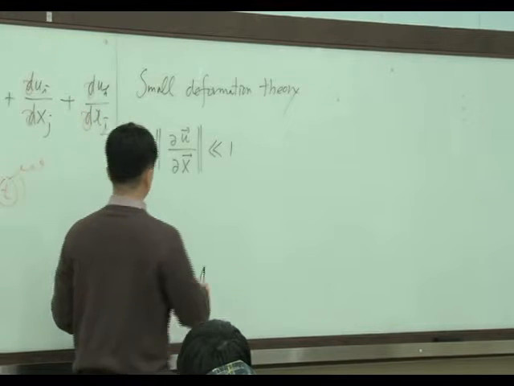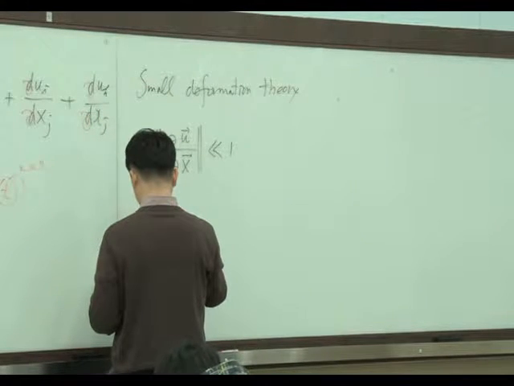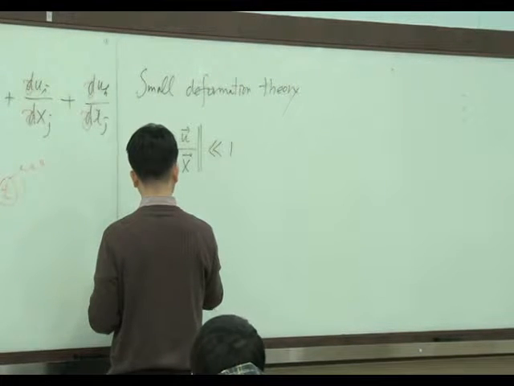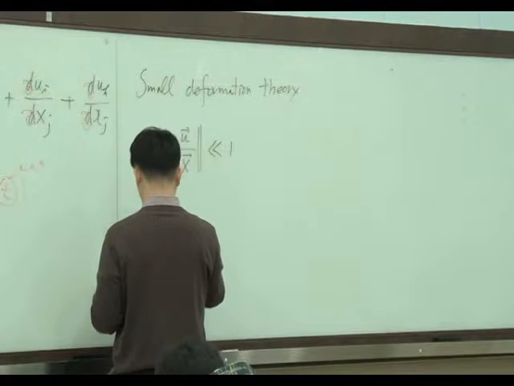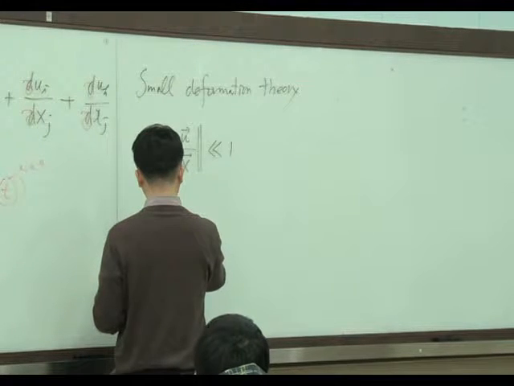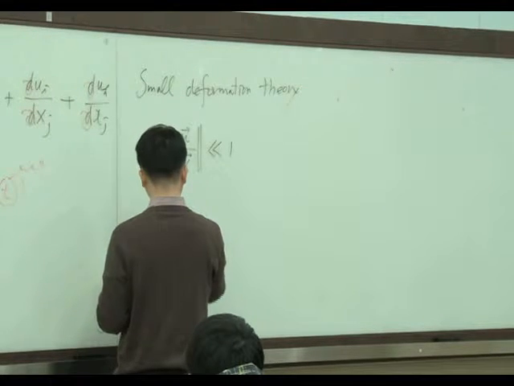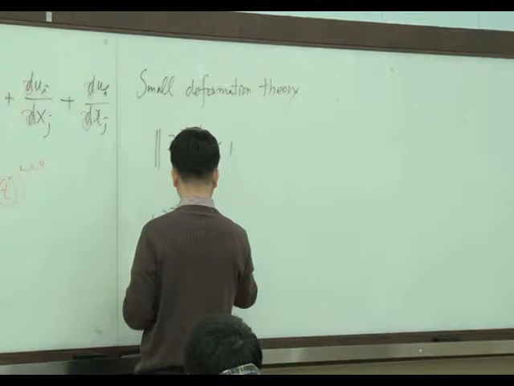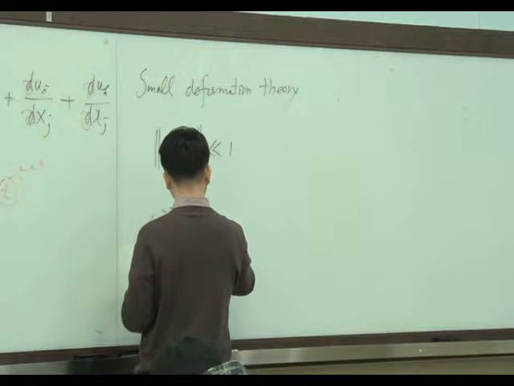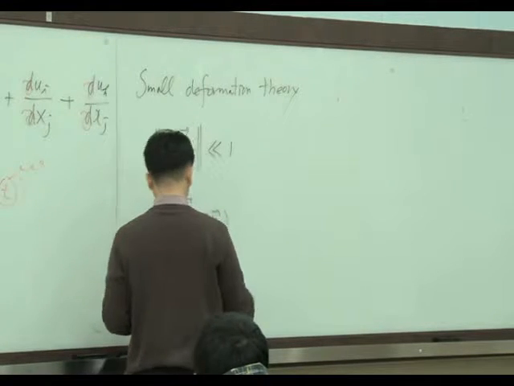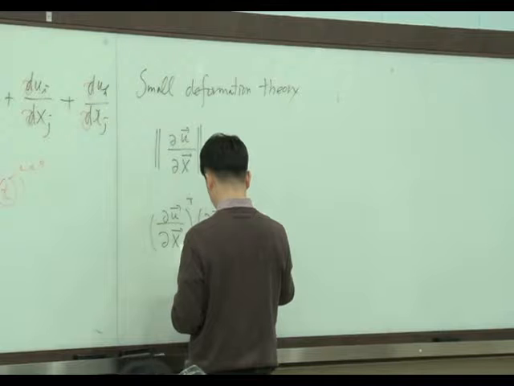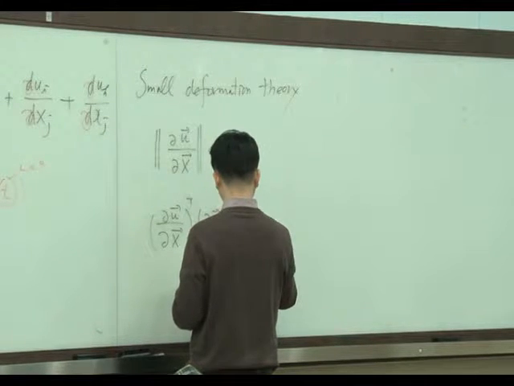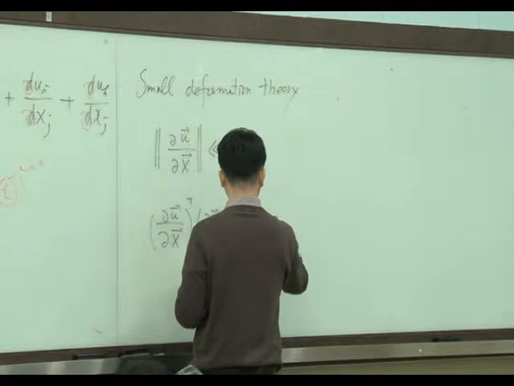So this means the gradient of u and its transpose are much smaller than 1.